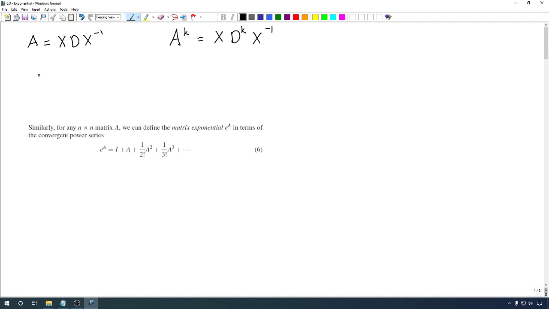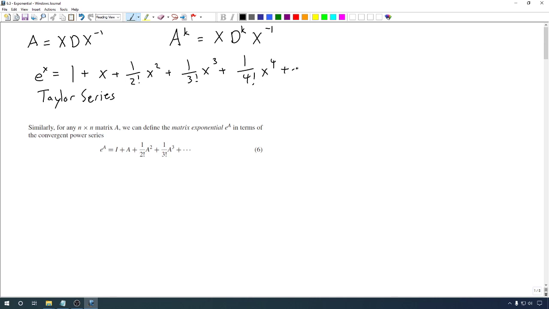So recall from Calc 2 that the function e to the x has what we call a Taylor series. That Taylor series being the power series 1 plus x plus 1 over 2 factorial times x squared plus 1 over 3 factorial times x cubed plus 1 over 4 factorial times x to the fourth, and so on and so forth.